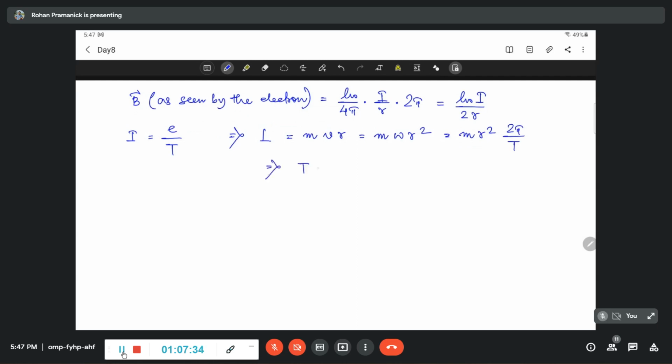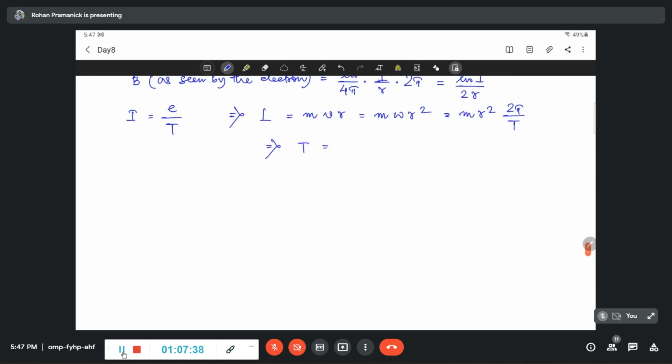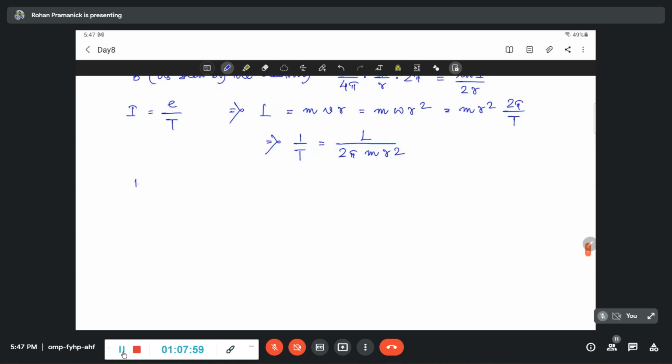And then T can be found out by, let's find 1 by T, because we have to replace it, right? 1 by T is nothing but L by 2 pi m r squared. Am I doing it correctly? Yes, L by 2 pi m r squared. Okay, so let's substitute all of this and find what B is.